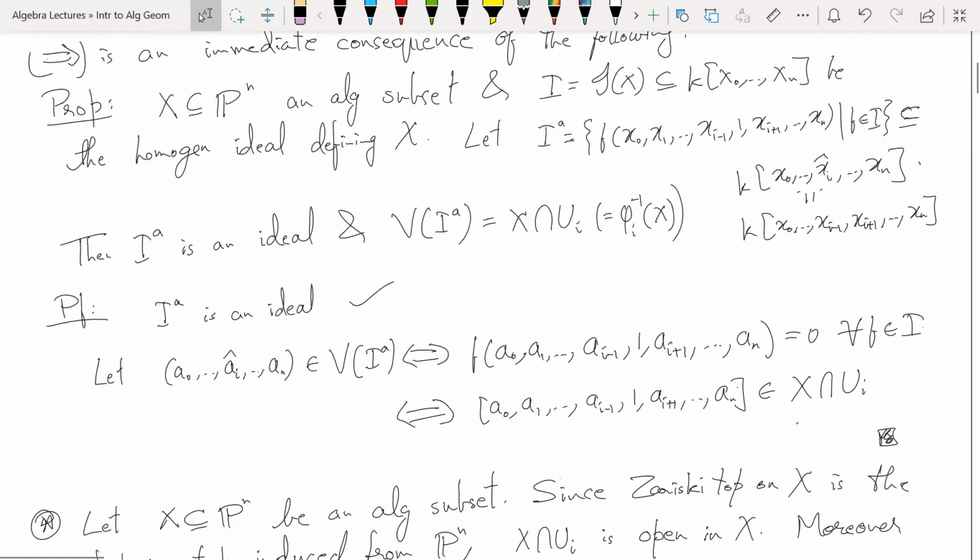That IA is an ideal is clear, right? Because if you have two elements of IA, they both look like f of x0 to xn, polynomials of this form, where little f is in I. You just take their sum, that will also be in I, and hence it's closed under addition.